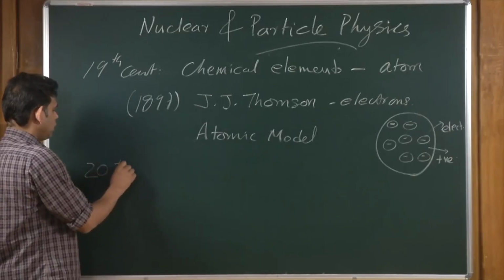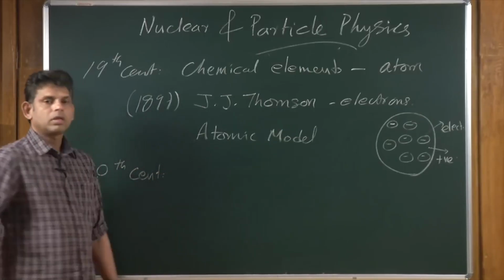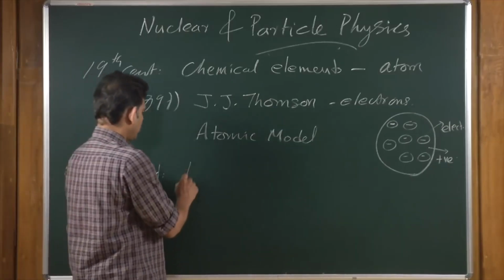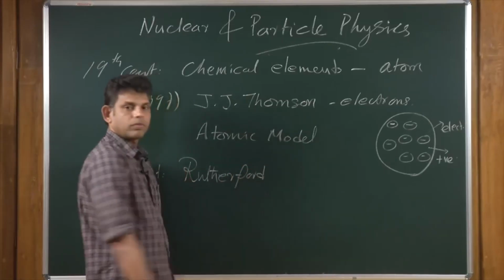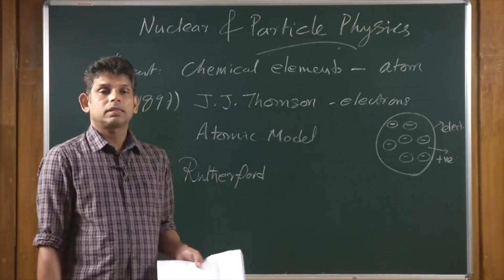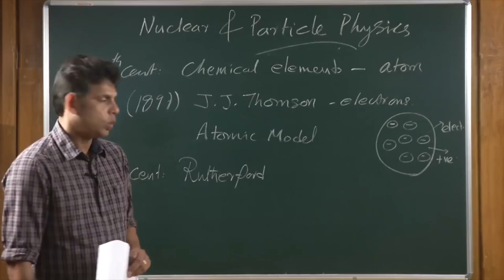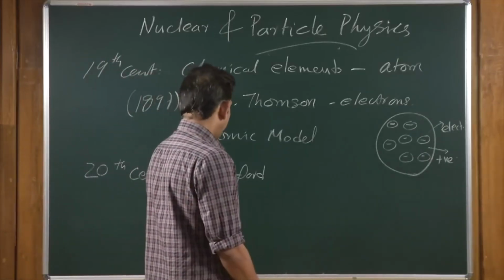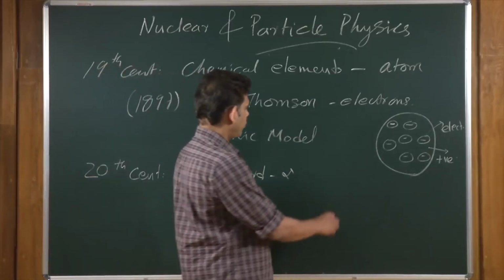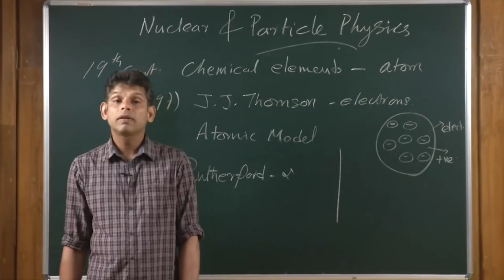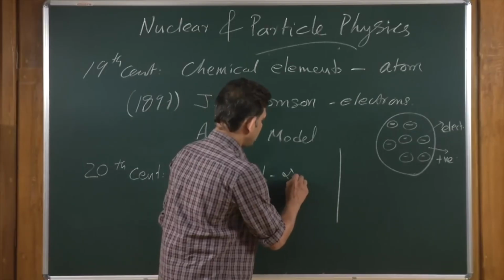Then in the early years of 20th century, a series of experiments by Rutherford and collaborators had something slightly different to say. So, what did they do? They had alpha particle. Rutherford's experiment, they took what? A thin gold foil and sent this alpha particle onto it.